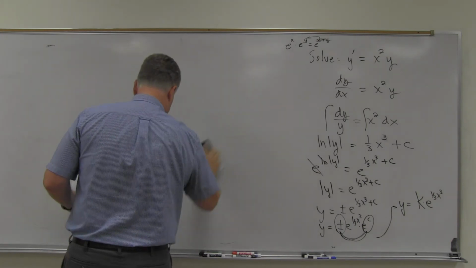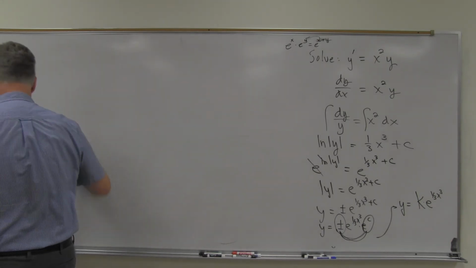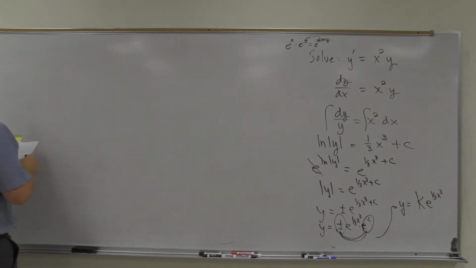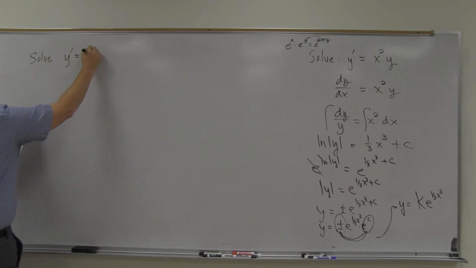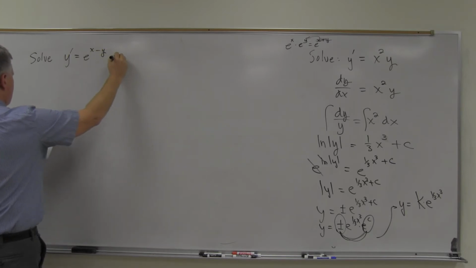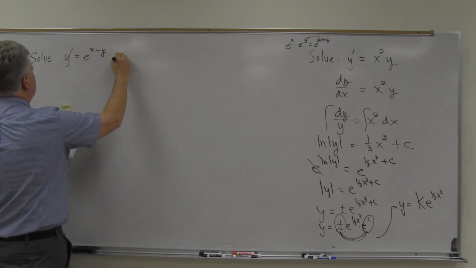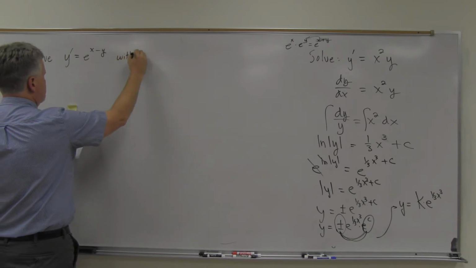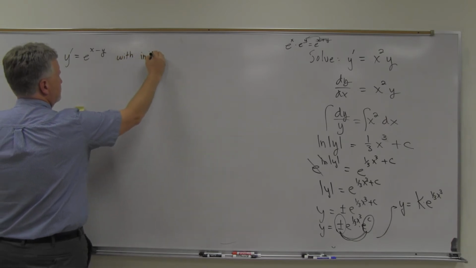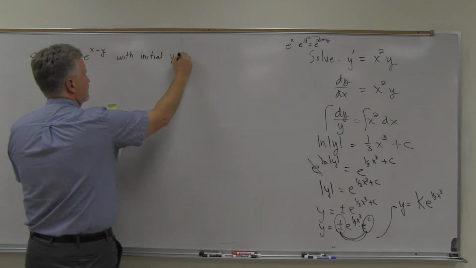Try this one. All right, so let's solve y prime equals e to the x minus y, with initial value y(0) equals 2.